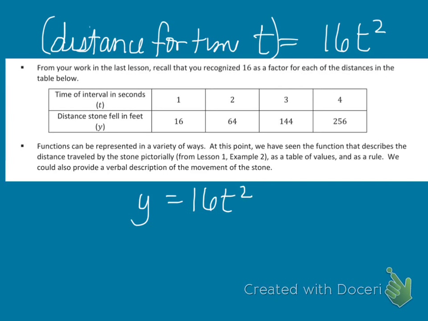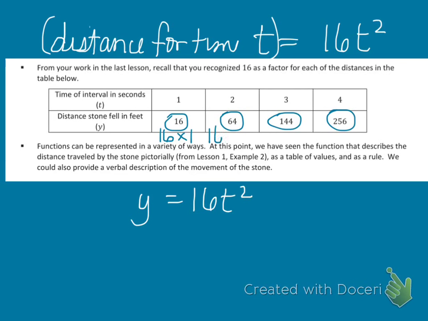Okay, so in exercise 6 of the last lesson, you might have seen this relationship, but maybe you didn't. But we did talk about the fact that each of these values here for distance were multiples of 16. So this one is 16 times 1.